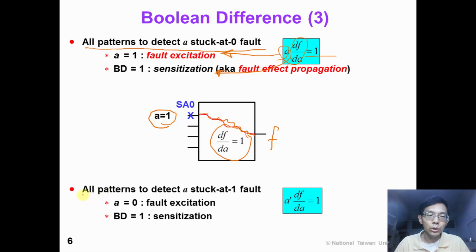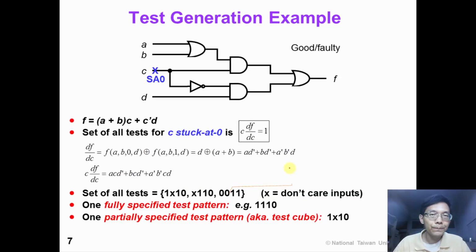Similarly, if we want to find all the test patterns to detect A stuck at 1, we would need to satisfy this condition where A prime times df/dA equal to 1. Here is an example. Consider this circuit. If we want to detect input C stuck at 0, what would the test pattern be? First, we find the Boolean expression for the output f equal to (a plus b)(c plus c prime d).